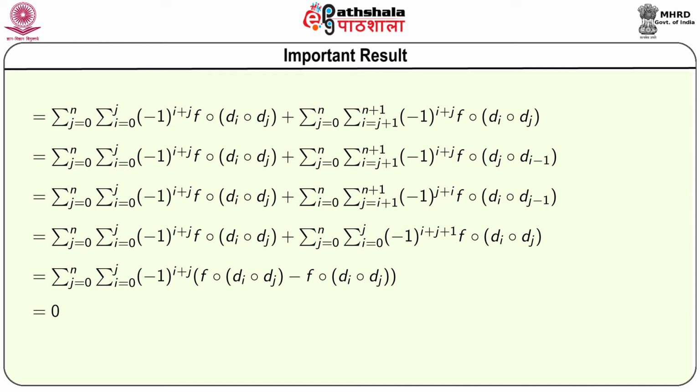So, since we are getting the same elements, that is f∘di∘dj minus f∘di∘dj, each term will be 0 and therefore, the whole thing will be 0.